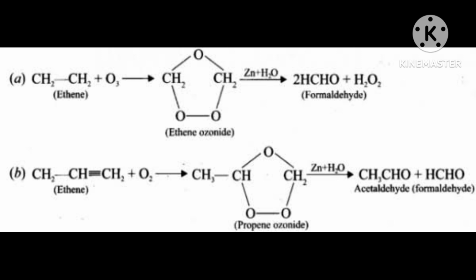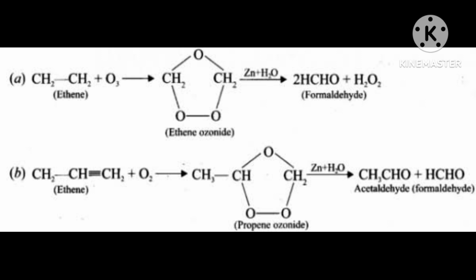Okay. Now the next property is polymerization. This is also a very important reaction, and you might know about it. We have seen polythene bags, and every time you are using polythene. That is due to the polymerization of ethylene.